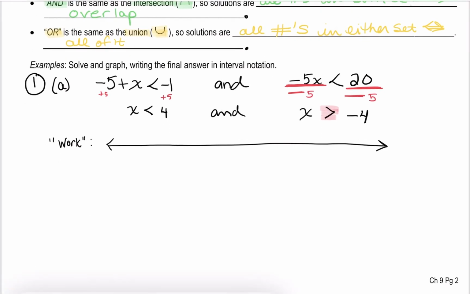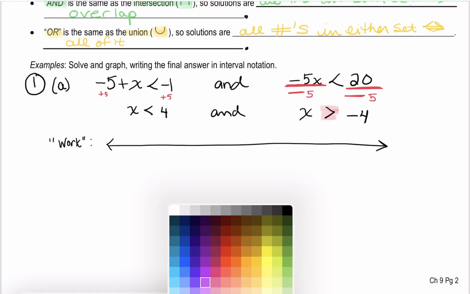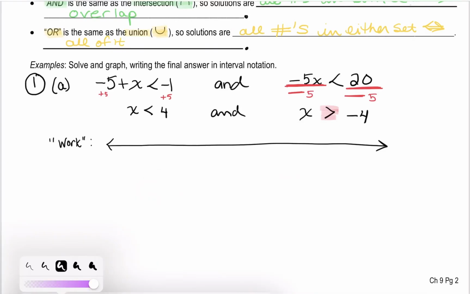All right, so let's say this first one, it's everything x is less than 4. So let's say we have 4 over here, so there's 4 right here. X being less than 4 is everything smaller than. The solutions are on the smaller than side of 4. So everything less than 4 here.